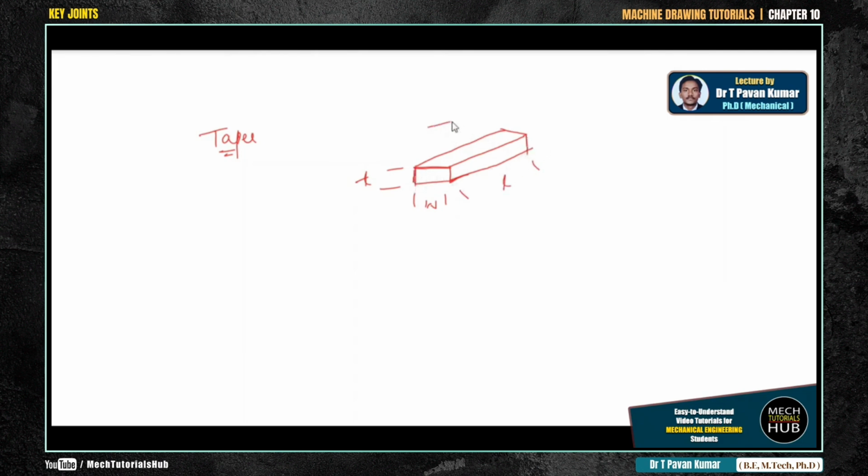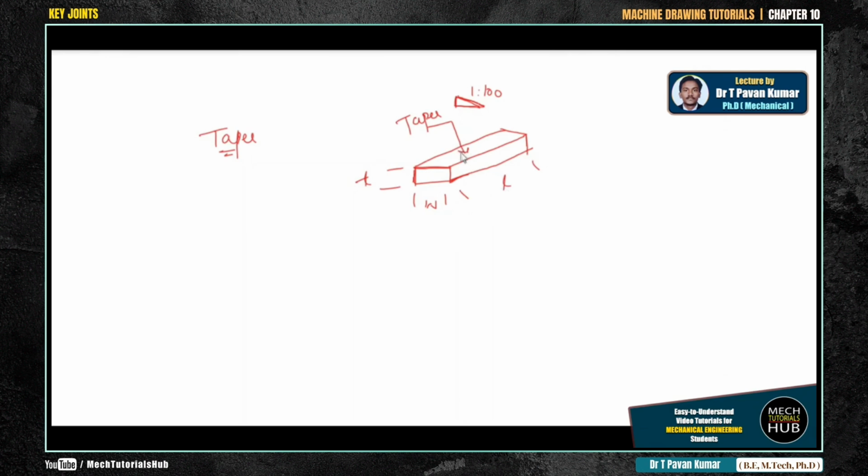Here there will be a taper maintained. The taper representation is done with a simple symbol, which is 1:100. Whatever thickness is maintained initially will not be maintained throughout the length. It is going to decrease by some number. What is that number that we need to evaluate?